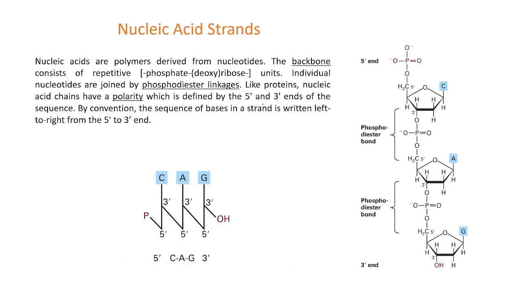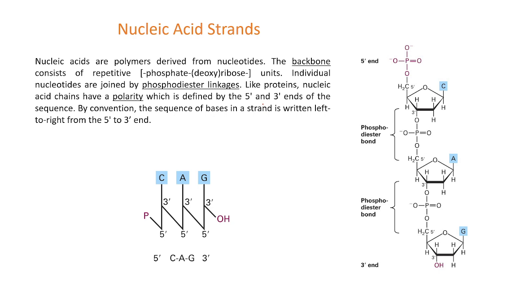Now talking about the nucleic acid strands, these are polymers that are derived from the nucleotides. The backbone consists of repetitive phosphate deoxyribose units, and the individual nucleotides are joined by phosphodiester linkages. Like proteins, nucleic acid chains also have a polarity that is defined by the 5' and the 3' ends of the sequence.